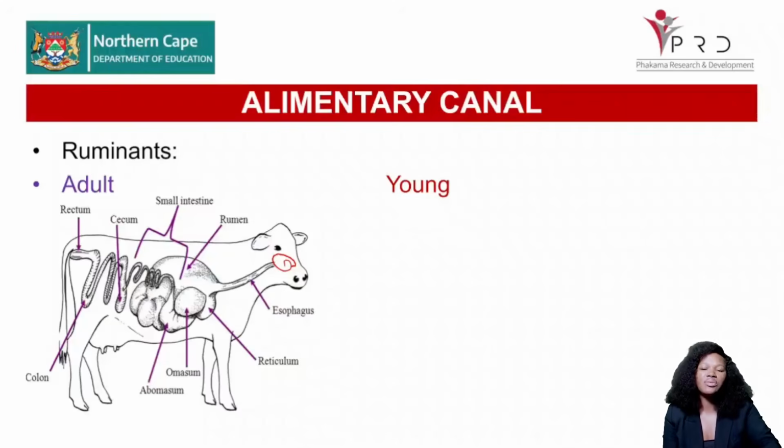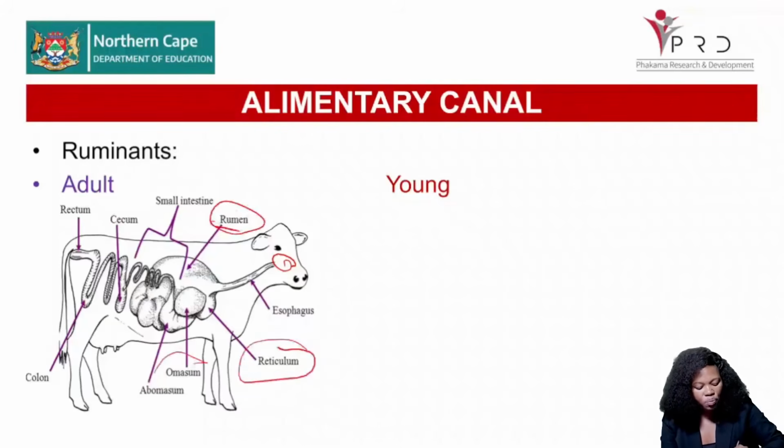And then secondly, there is the pharynx. Also there is an esophagus. The esophagus is followed by a complex stomach that is divided into 4 chambers or compartments, right? In this complex stomach, firstly, we have the rumen, which is the largest. We have the reticulum, followed by the omasum, and the last compartment is the abomasum.